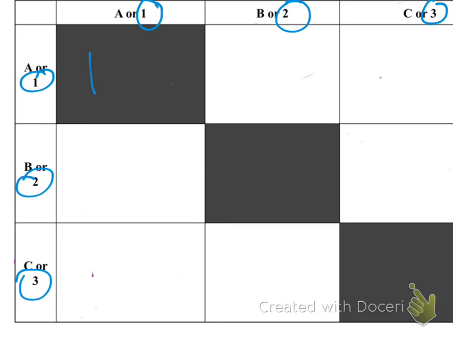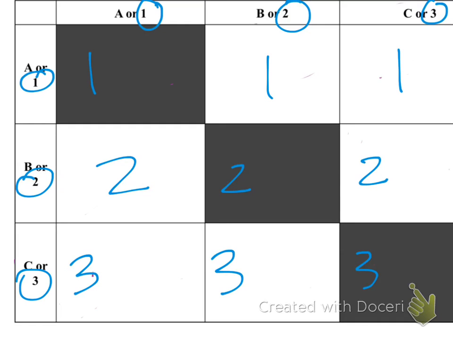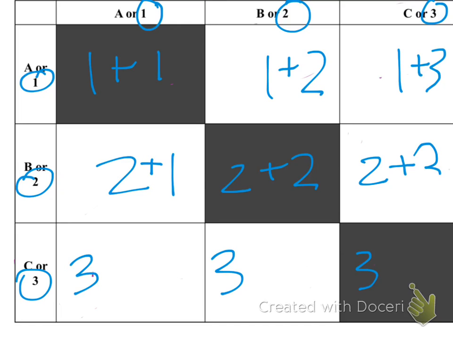So you do 1 in this row, 2 in this row, 3 in this row. Then you'll add 1, make observations, add 2, make observations, add 3, make observations. Add 1, make observations, 2, 3, make observations, 3 plus 1, 3 plus 2, and then 3 plus 3. Remember, the blackened boxes, nothing should happen because those are the same solutions.